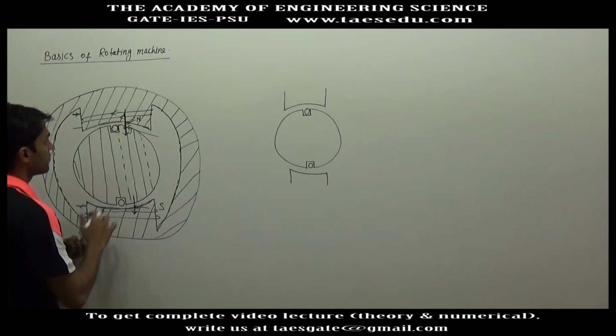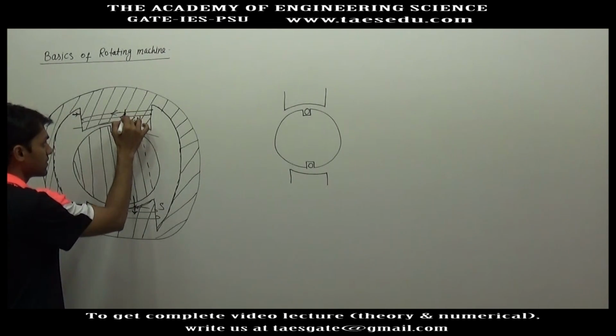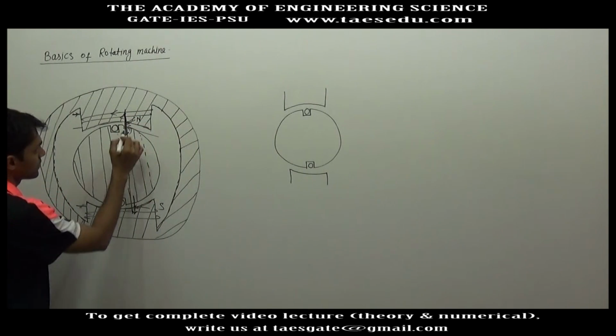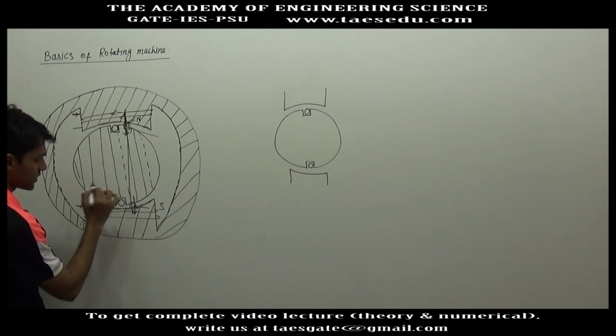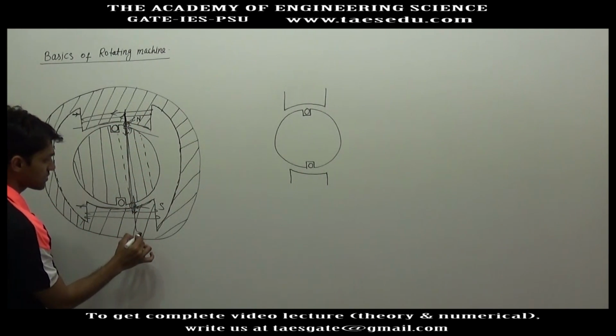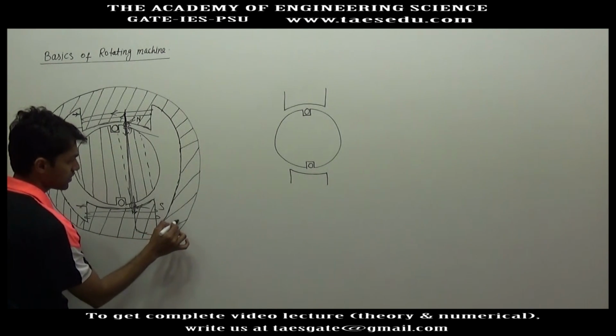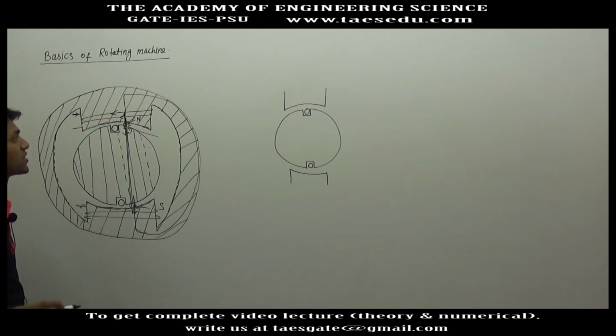The stator magnetic field will take this path and complete. Here it will feel the reluctance of the air gap, here also it will feel the reluctance of the air gap, and since lines of magnetic field have to be closed lines, it will travel through the magnetic material, because the reluctance of magnetic material is minimum.